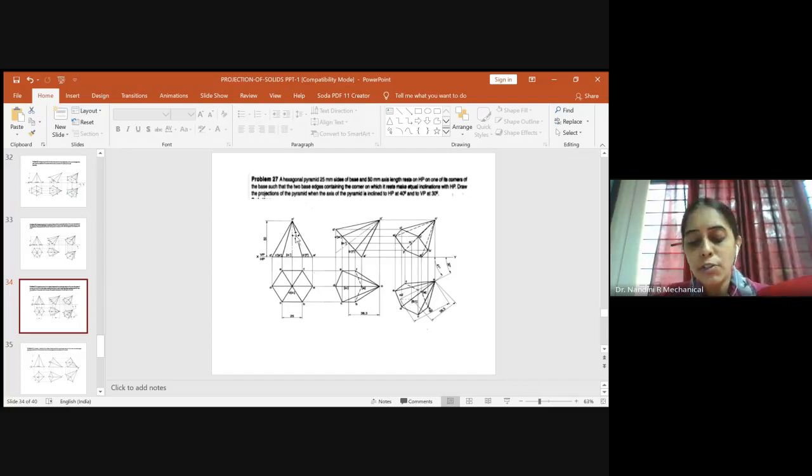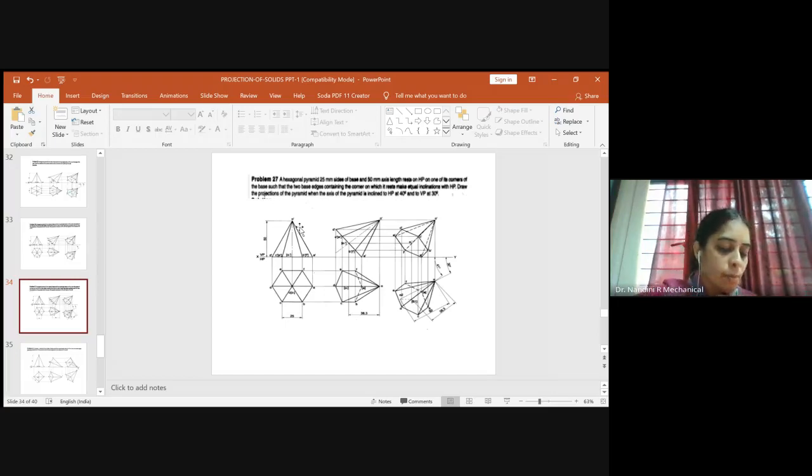In this case also, the front view will be a triangular surface only. Why? Because it is bounded with triangular surfaces. But here you will be having extra projections, because you can see when it is resting on one of its corner, apart from the opposite corners, you can see the projection from these two longer edges. And one more we will be having.